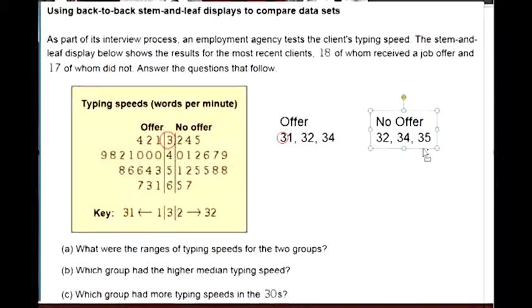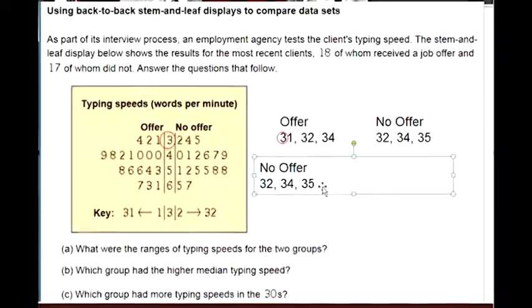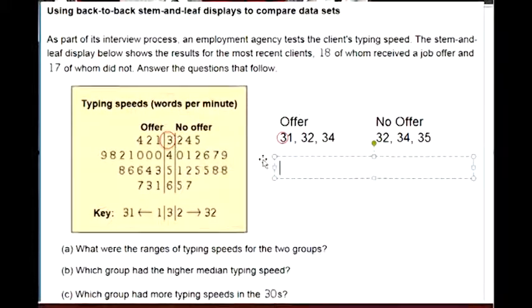Okay, so for question A, the range of offer would be, what's the lowest value on the offer side?